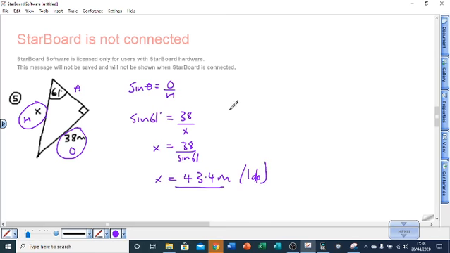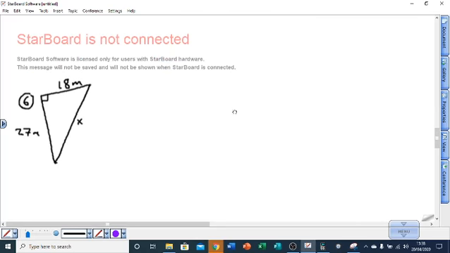Okay, question 6. Again, we've got just lengths involved, and therefore it's Pythag. So this is side C. I can call this side A and this side B. So he said that A squared plus B squared equals C squared. Substituting in A, well, I've got that as 18 squared. B, I've got that as 27 squared, and that gives us C squared.